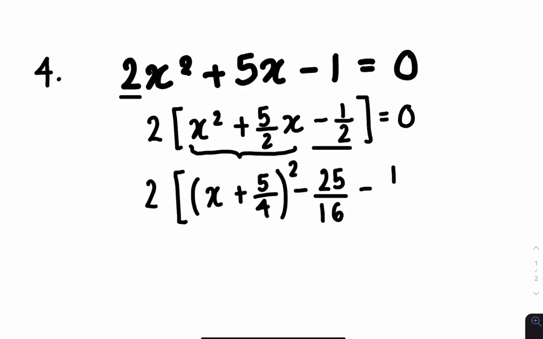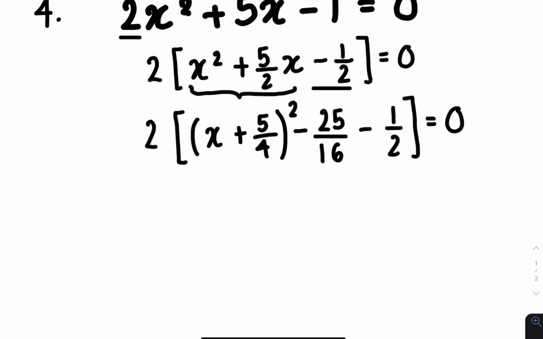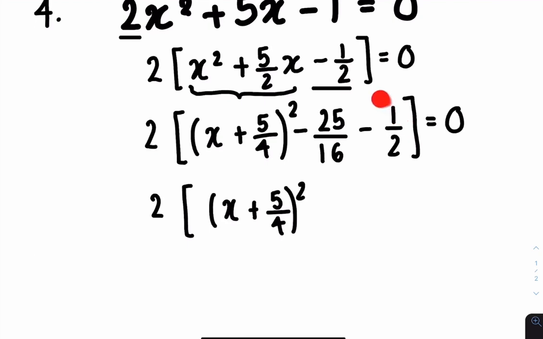So I put minus half there. Close the square bracket, and that's equal to 0. Then you want to simplify. So you have 2 x plus 5 over 4 all squared. And then if you simplify these two fractions here, you'll have minus 33 over 16. Close the bracket, and that's equal to 0.